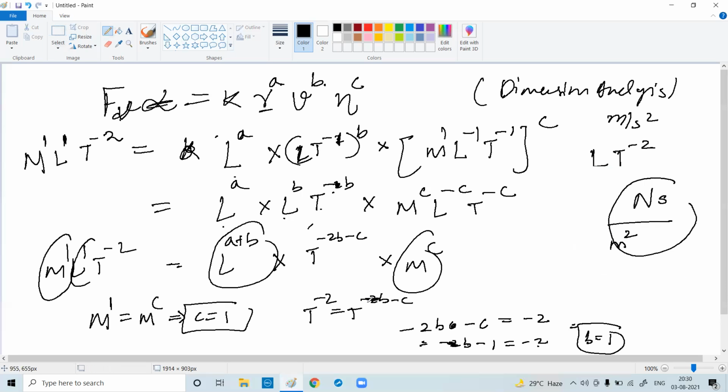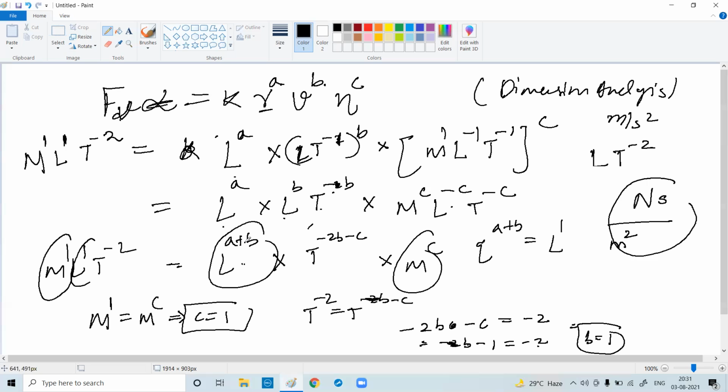And finally, the next one is L A plus B equal to L1. Here also it's not matching. Can you see where I made a mistake? L minus C is there, no?